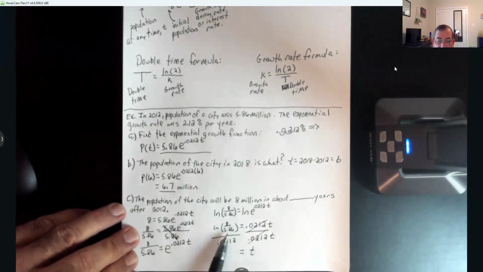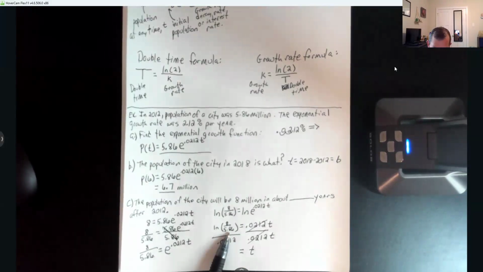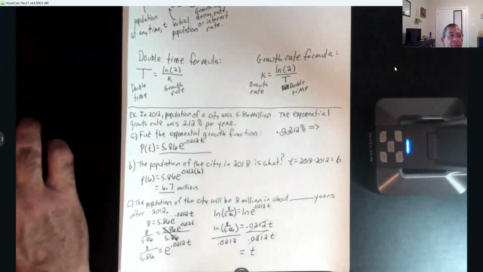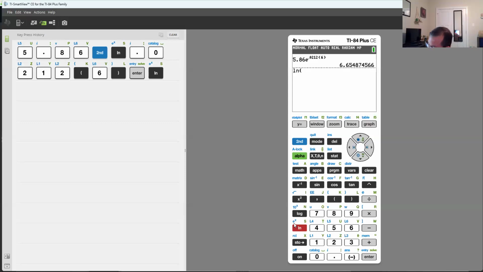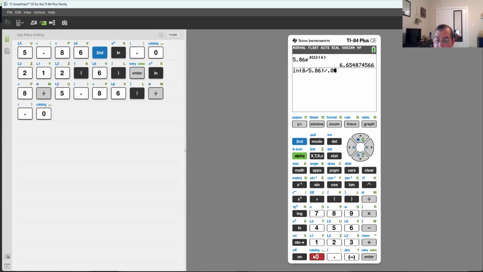Now this, I will punch in the calculator and see what that gives me. And I think they are rounding to 1 decimal point again. So let's go punch that in. We had the ln of 8 divided by 5.86, close parentheses, and then divide all of that by 0.0212.